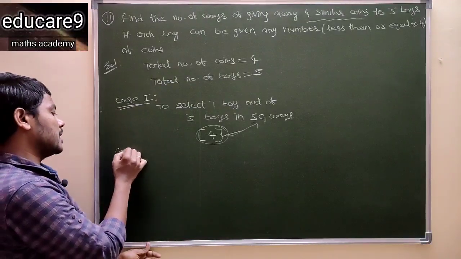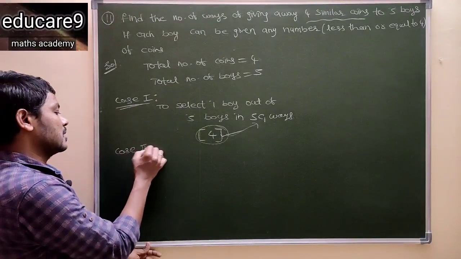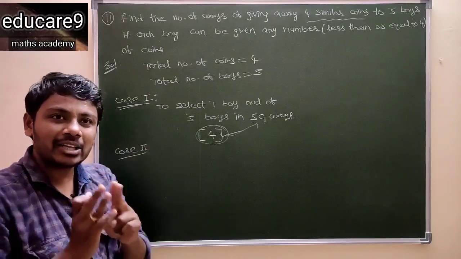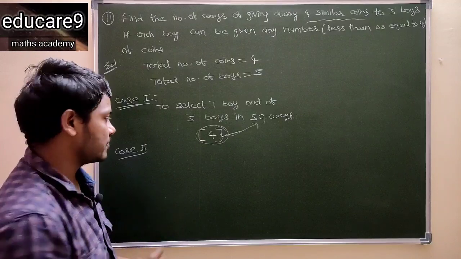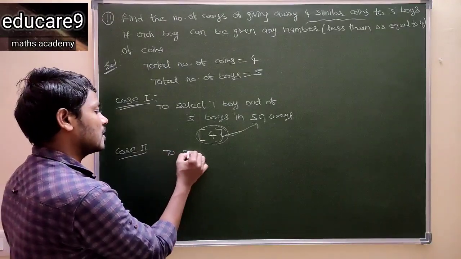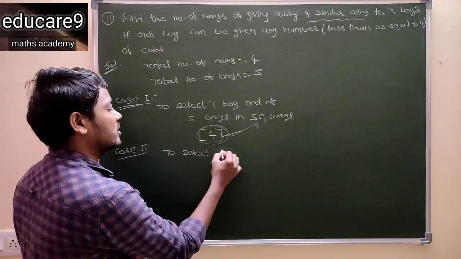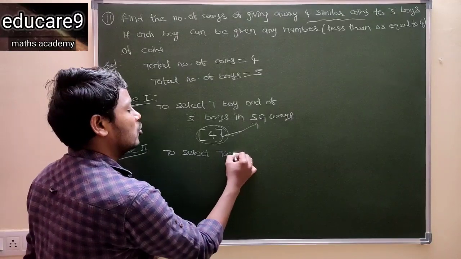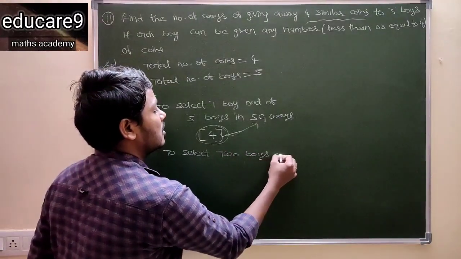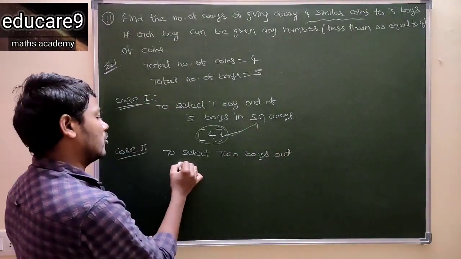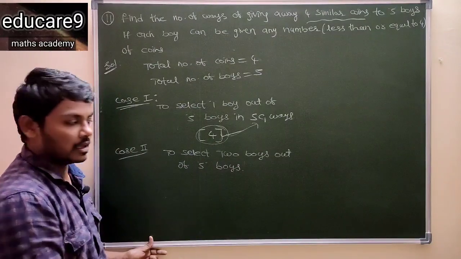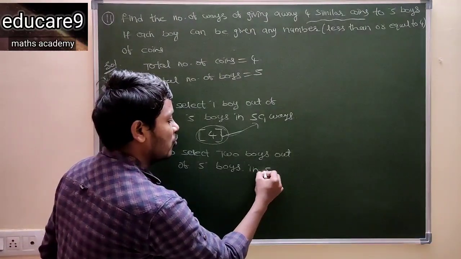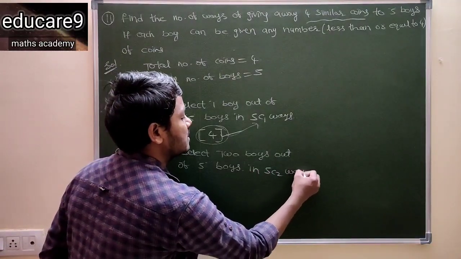And second case, here select 2 boys out of 5 boys in 5C2 ways.